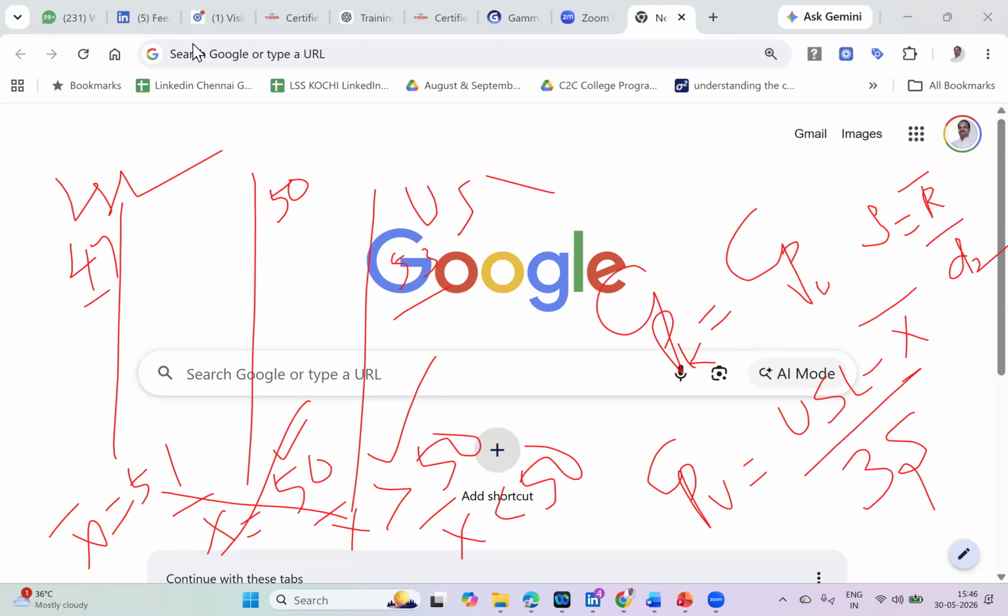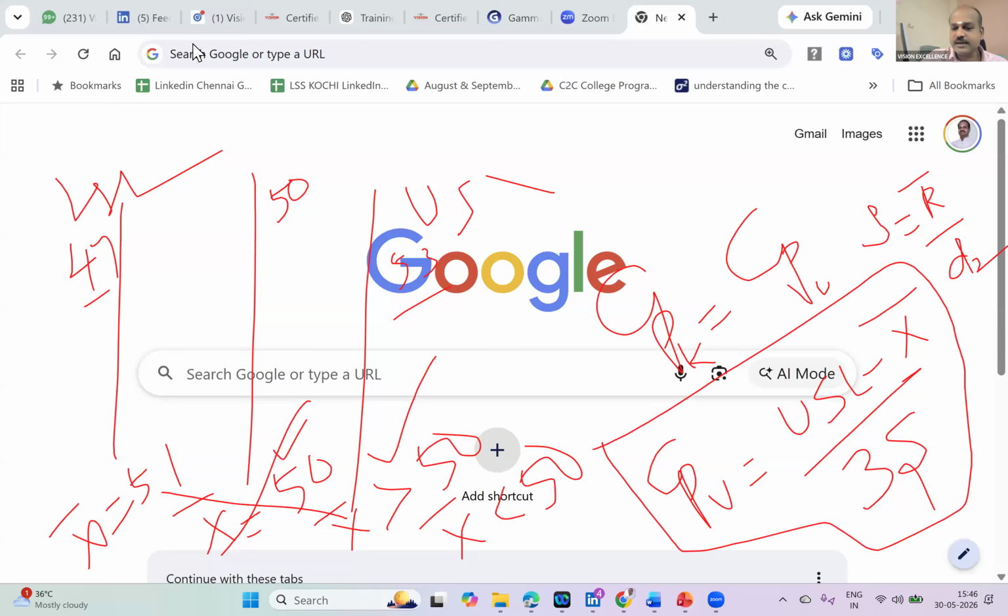Sir, can you repeat the CP upper formula? The distance between the nearest spec, which is USL, and the process average, which is X bar, divided by 3 times standard deviation. And this standard deviation formula is R bar by D2.